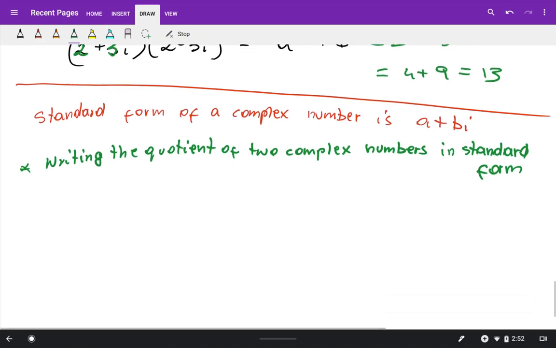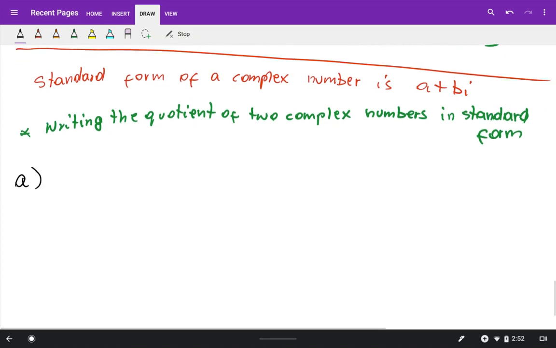Okay, so this is what we're going to do. You have a quotient, which is a fraction, 6 minus i over 1 plus i. How are you going to rewrite this quotient in standard form, which is a plus bi, not having fractions?